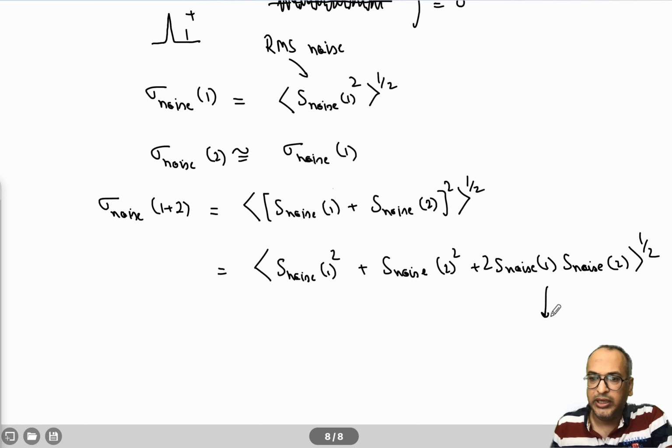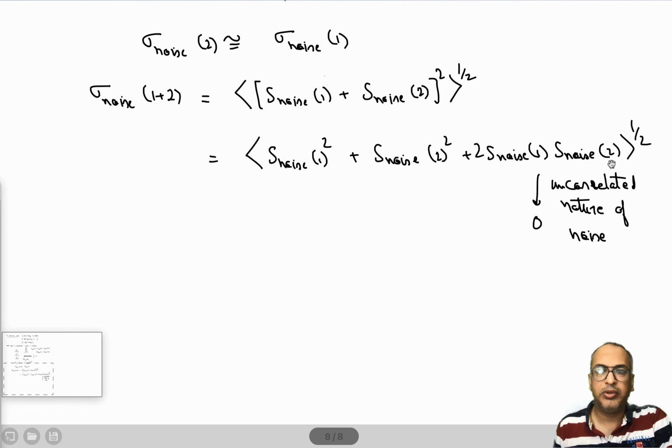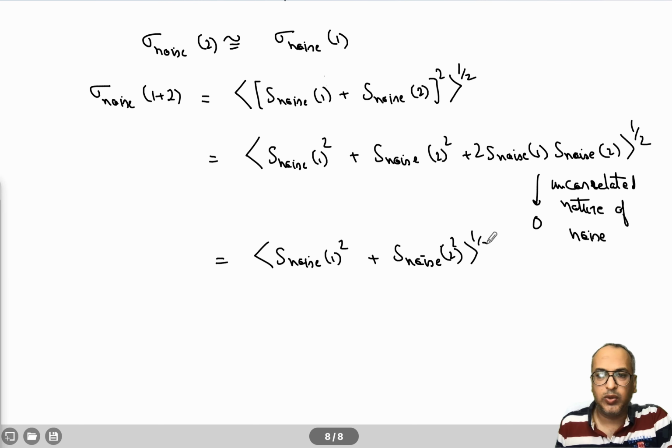That uncorrelated nature of noise actually makes this mathematical term 0. Okay, because this is uncorrelated, the product goes to 0, and what you are left with is S noise 1 square plus S noise 2 square, and the square root of that.